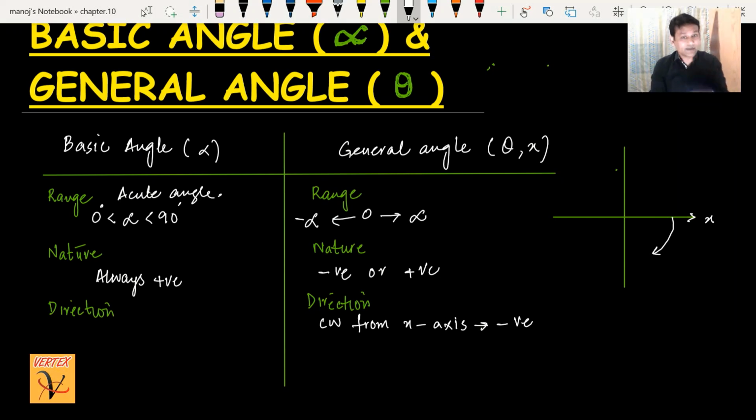Please note, clockwise negative, but when we move anti-clockwise from x-axis it is always considered positive.